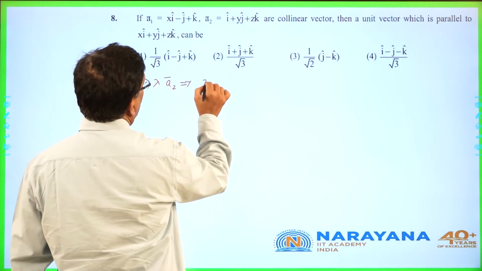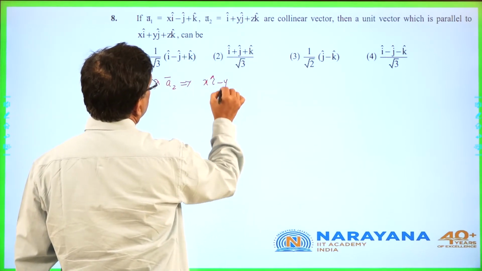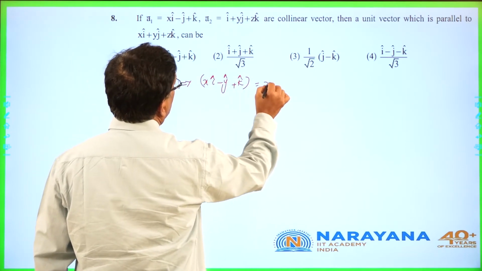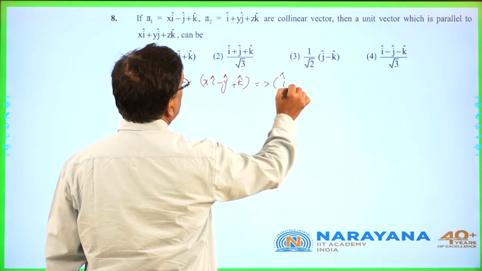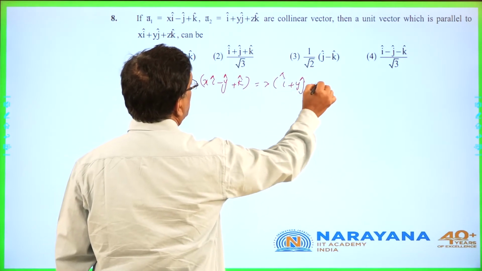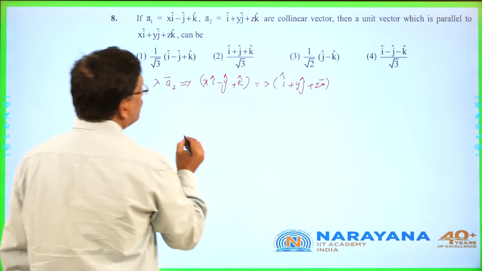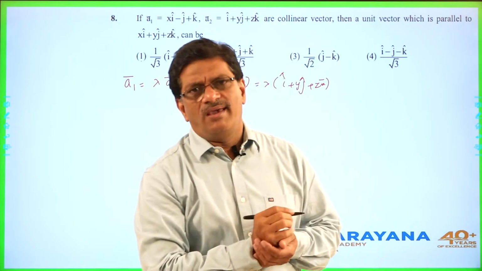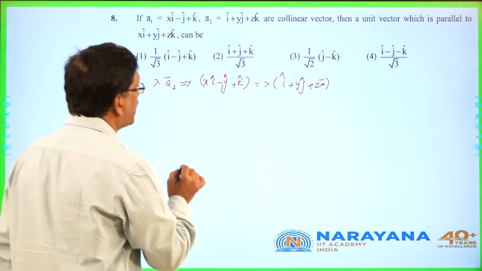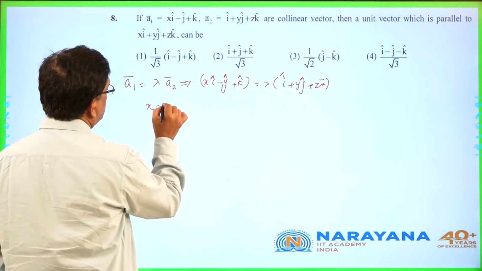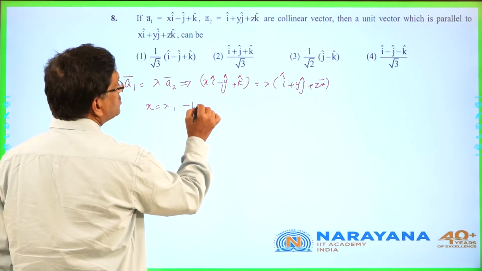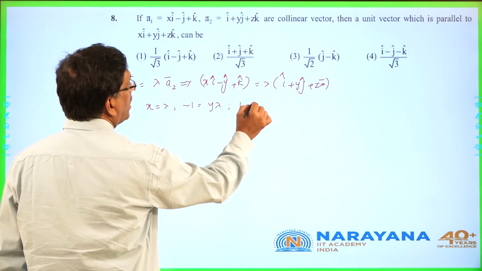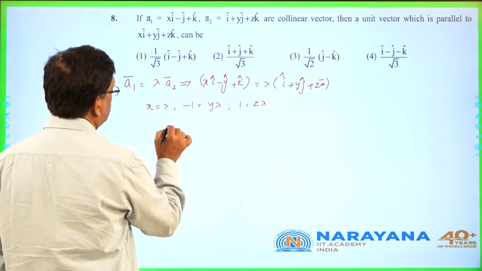That is xi minus j plus k is equal to lambda times (xi + yj + zk). By equating the coefficients of i, j, k on both sides, we will be getting x equals lambda, minus 1 equals y lambda, and 1 equals z lambda.